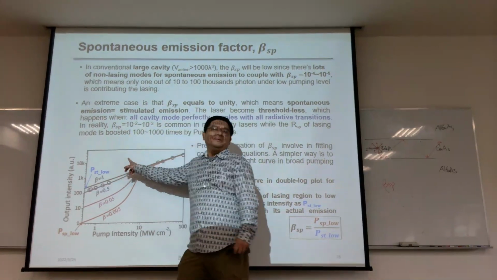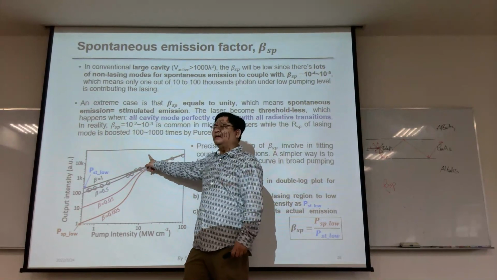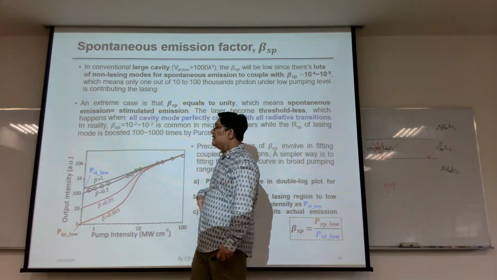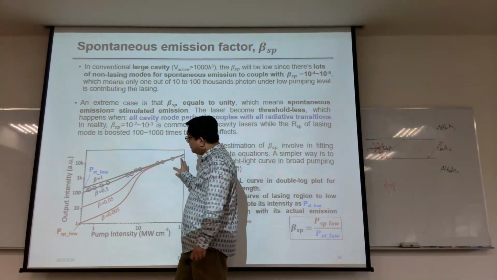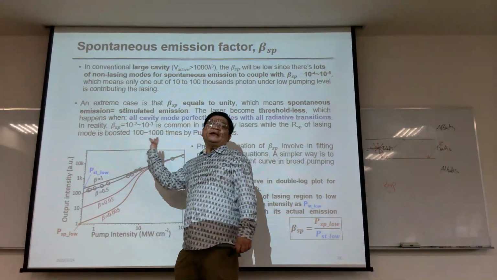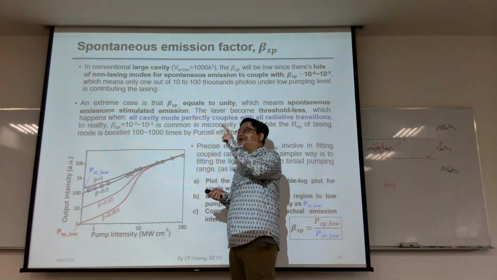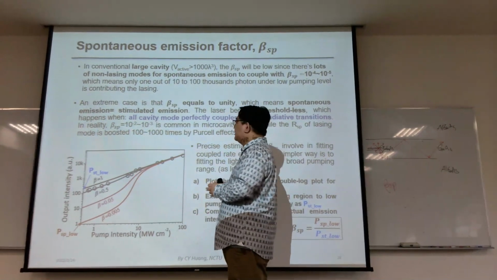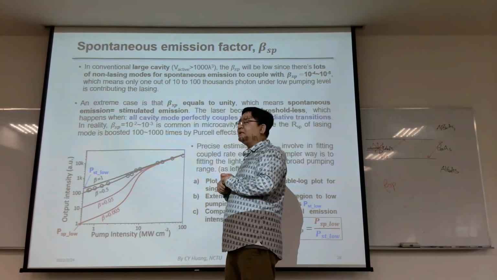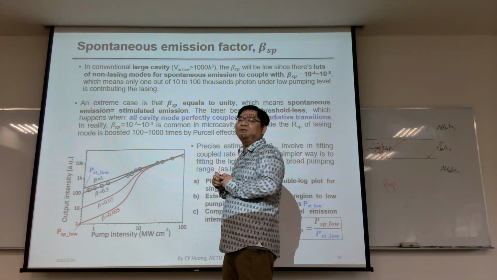That's why people will be very unhappy about your claim. It is very strong. That means you're trying to make a cavity where the first photon you throw out is a lasing photon. Well, that is a pretty ambitious claim.